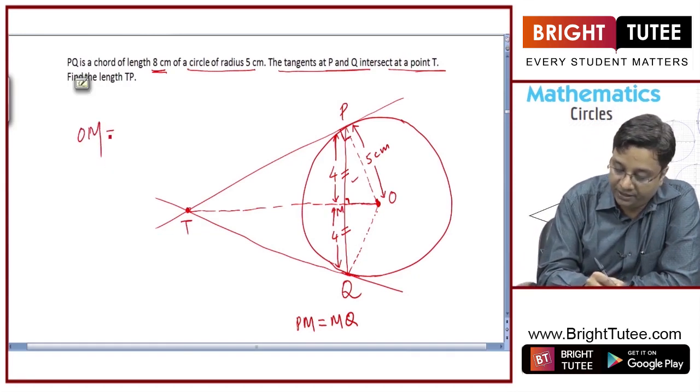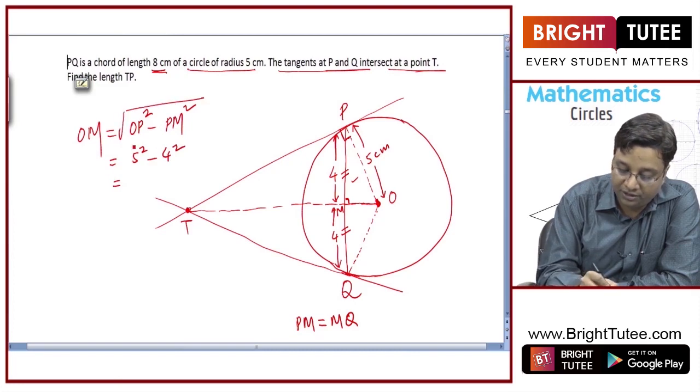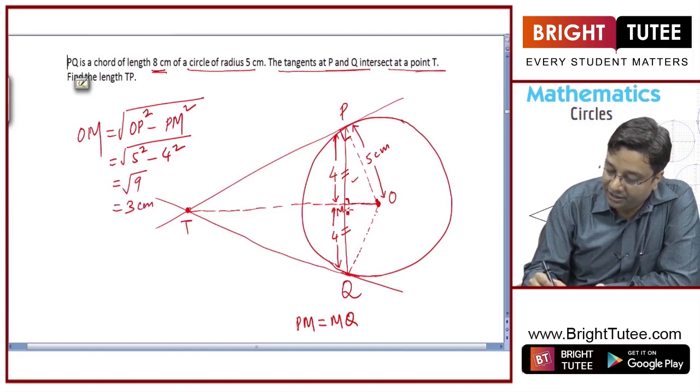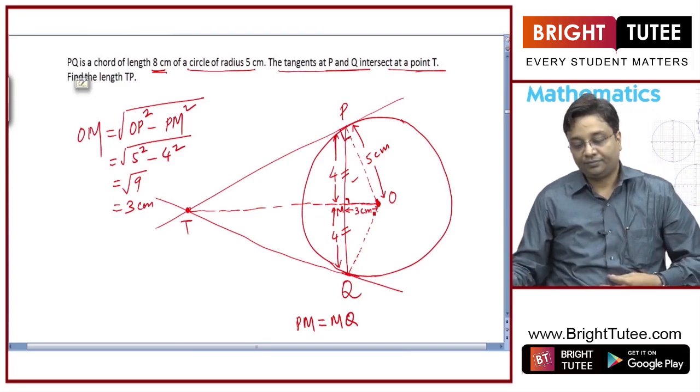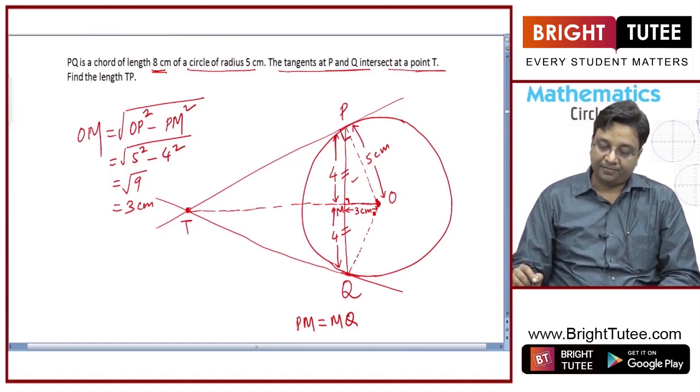OM is equal to the square root of OP square minus PM square, which is 5 square minus 4 square. So it will give you 25 minus 16, 9, which is equal to 3 centimeter. So this segment here is 3 centimeter in length.